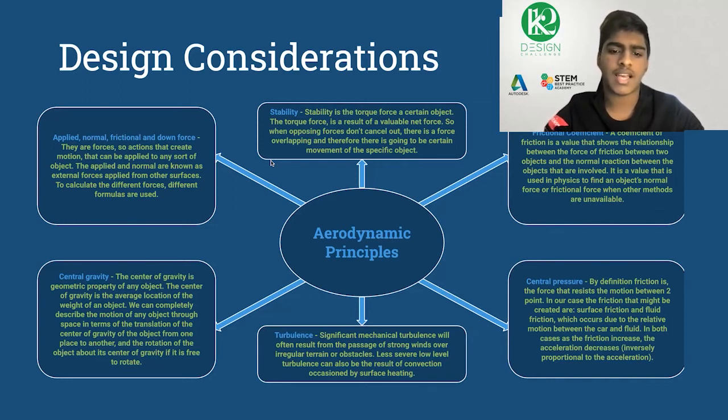In both cases, as the friction increases, the acceleration decreases based on the law that friction is inversely proportional to acceleration. Thus, we had to utilize computational fluid dynamics simulations to minimize friction as a result of air resistance, to ensure that any specific weak points on the car were successfully identified and mitigated.